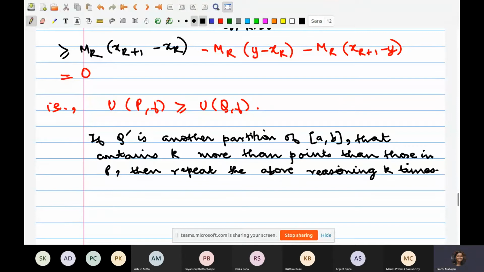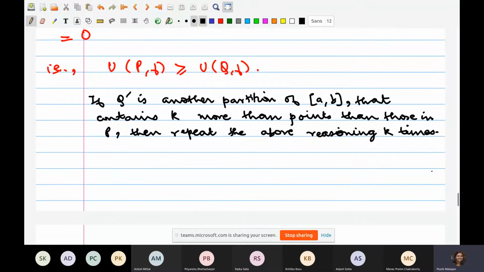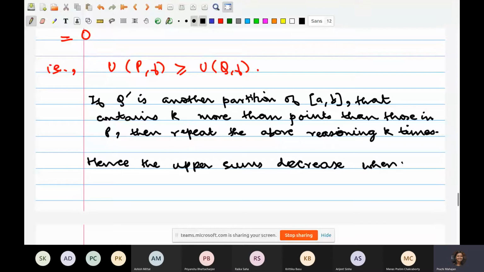So all of it together says that the upper sum corresponding to the partition Q is always smaller, so the upper sums decrease when we add more points into the partition. Is this okay?